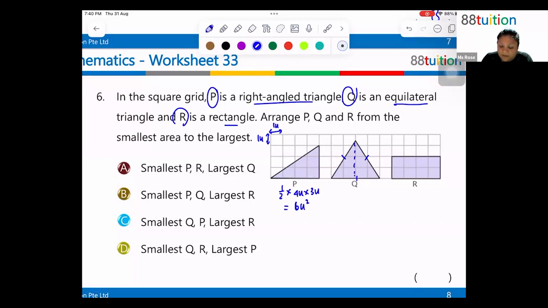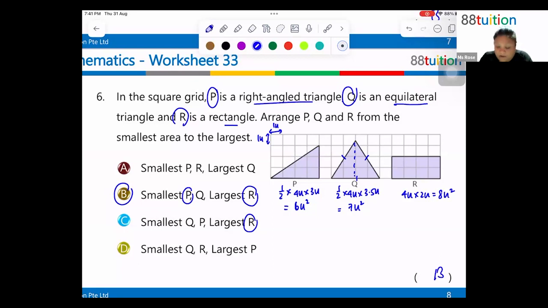This will be half times base times height to give me 7 unit square. This I will have 4 unit times 2 unit to give me 8 unit square. So which one is the largest? Largest is R. Which is the smallest? Smallest is P. So that's B.